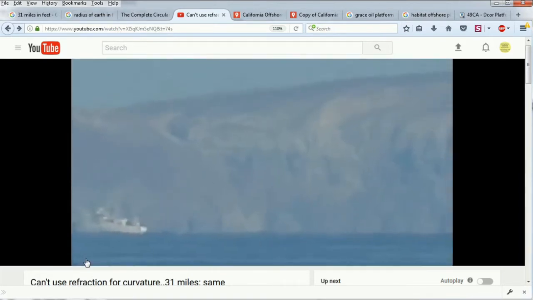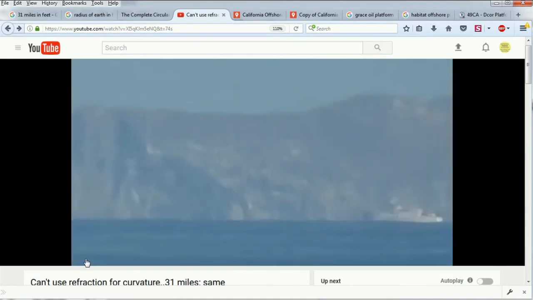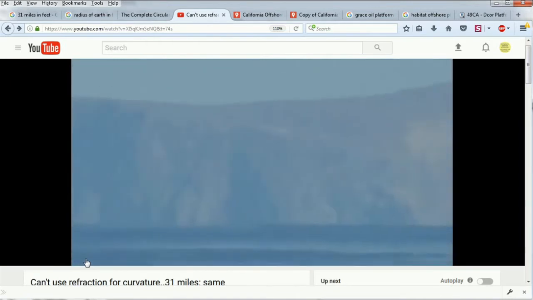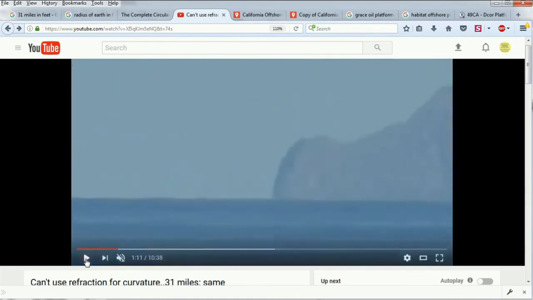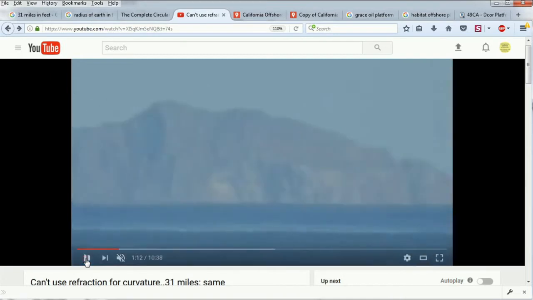Now there's 3 islands. Okay, you'll see what I mean about how fast this is. At normal speed, I just couldn't keep up with it. Okay, so that's the end of the center island, and then there's a little gap, and that's the beginning of East Anacapa Island.